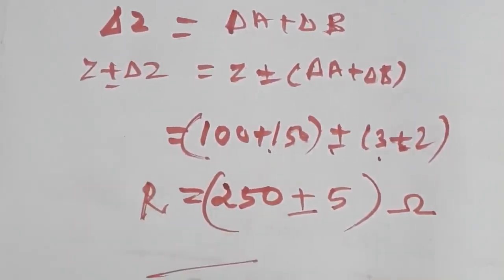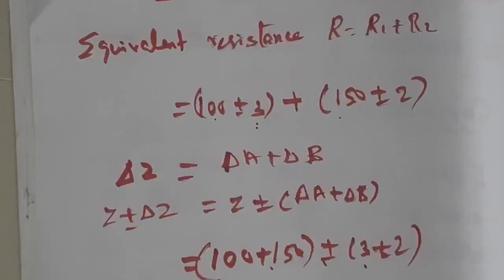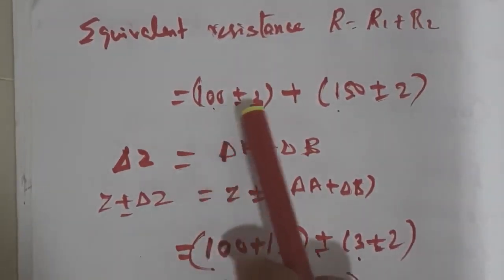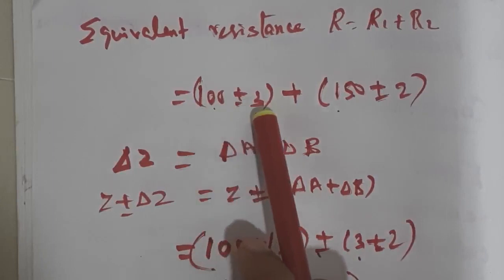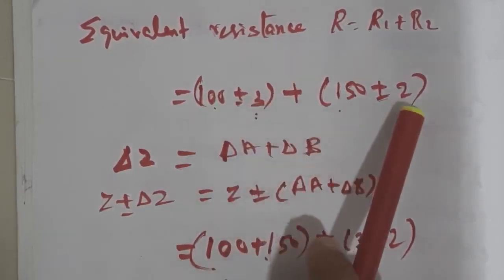So this is the equivalent resistance. Are you able to understand? The two resistances are given, R1 and R2, with the error. 100 is R1, 3 is the error, so 100 plus or minus 3 is the absolute error of R1. 150 is R2 and 2 is the error.